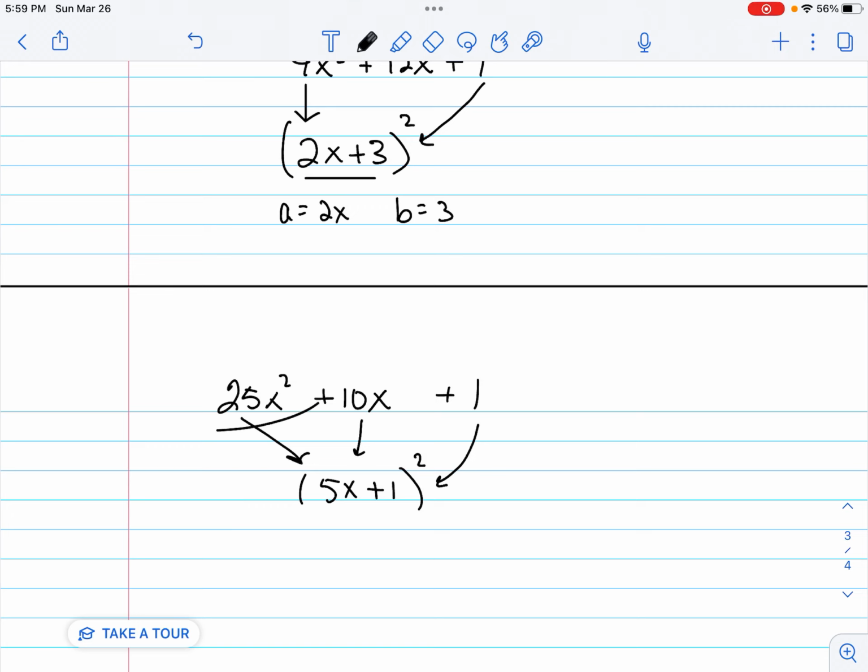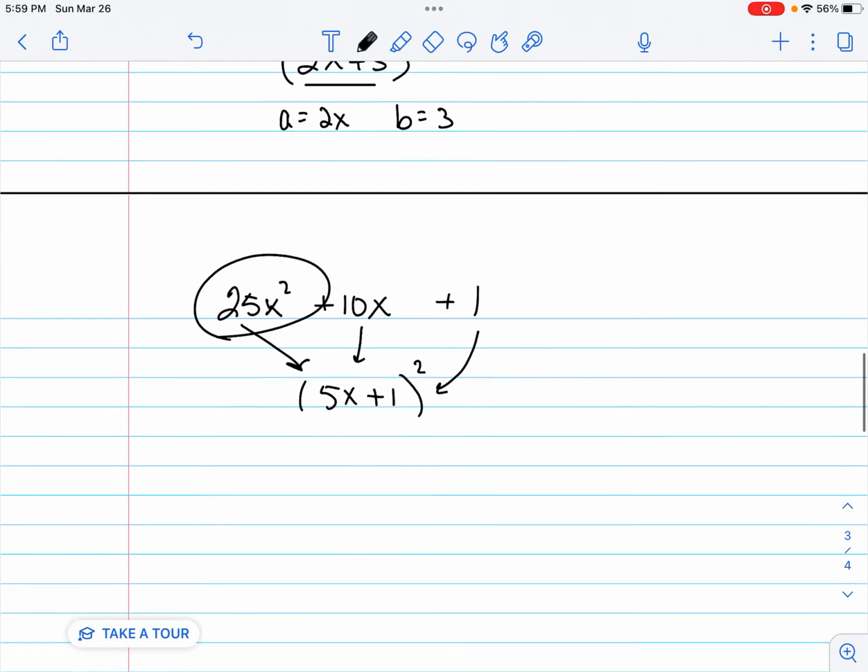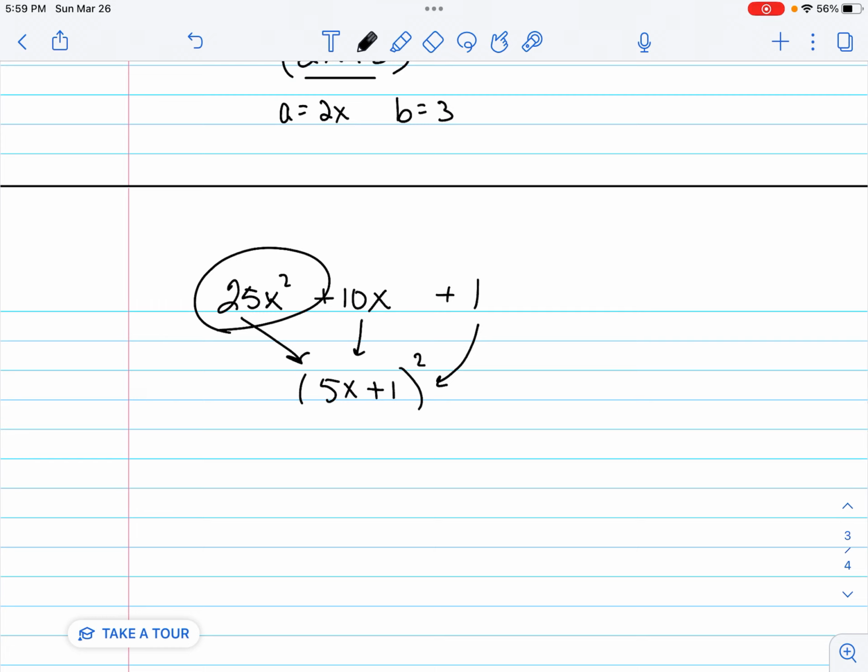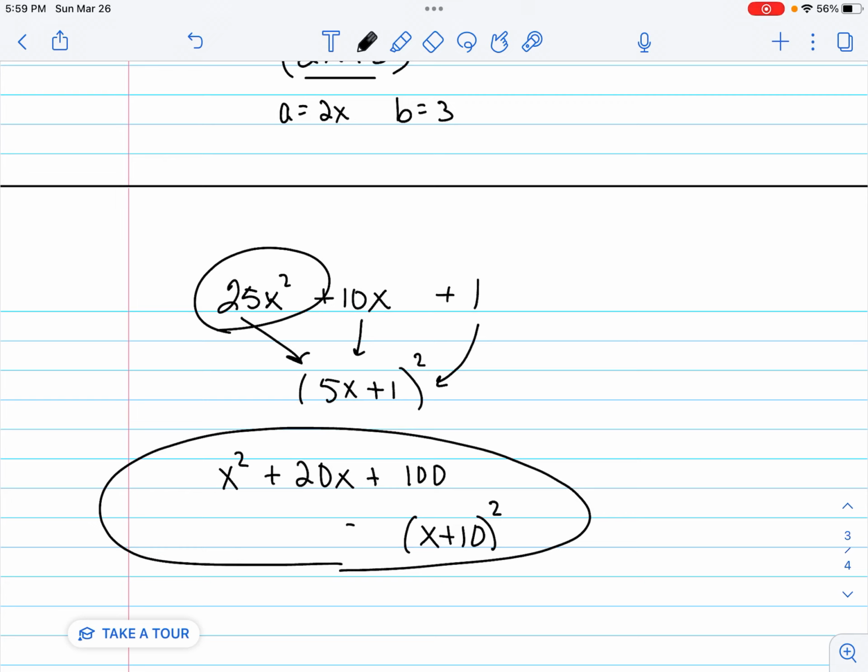It's much trickier when your number out in front isn't a 1 on your x squared, but the rule still applies. Mostly, you'll have to factor things like x squared plus 20x plus 100, and that would factor into x plus 10 squared. So if you feel like you understand this, then you're in pretty good shape. Okay, that's how you factor a perfect square binomial.